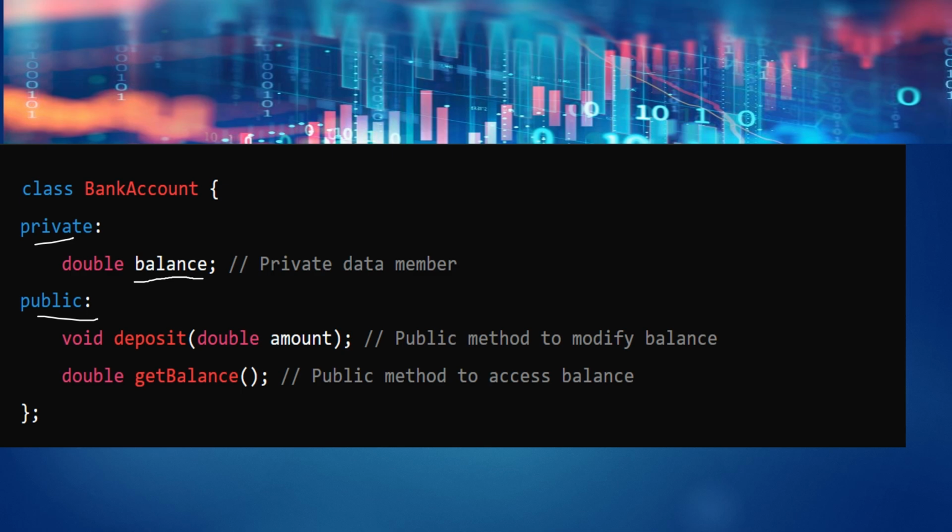So we have two member functions. These are deposit and get balance. Inside deposit you can change the value of your balance, and for get balance you can access what is the actual value right now in your balance. And this way you bundle your data with your member functions and you create a class.